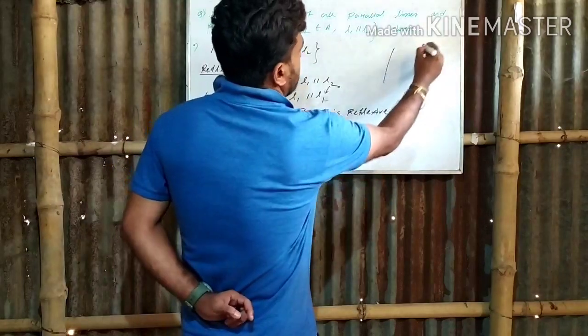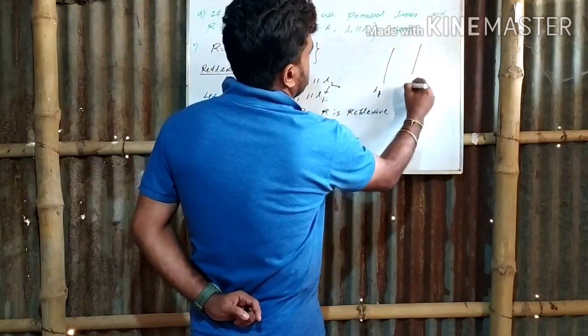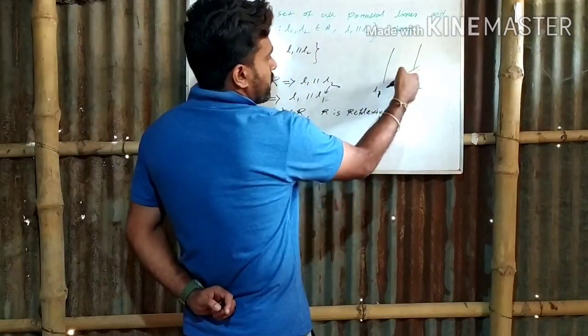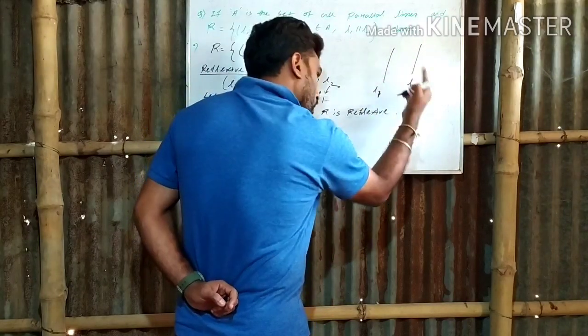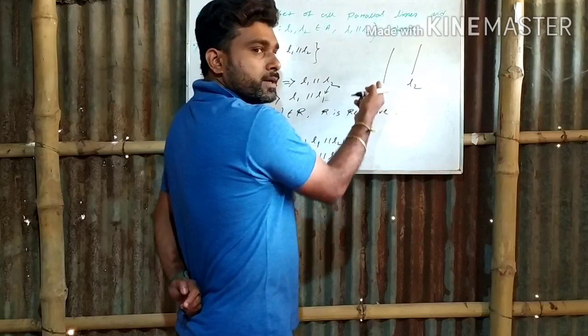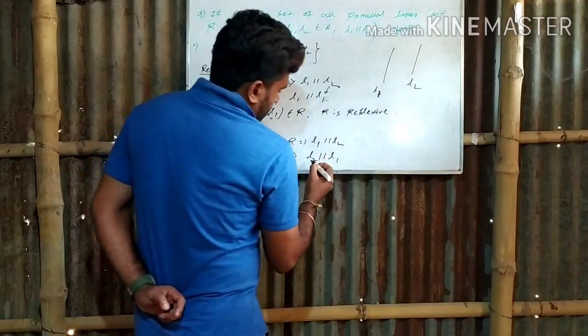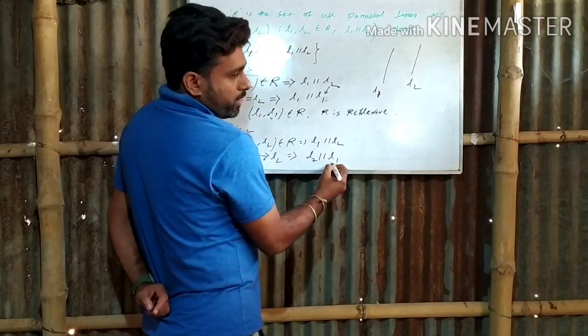Obviously, if this line is L1 and this line is L2, this line is parallel to that line, and that line will also be parallel to this line. It is obvious. So L2 parallel to L1 can be written.